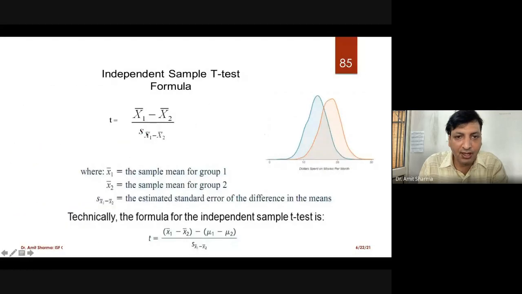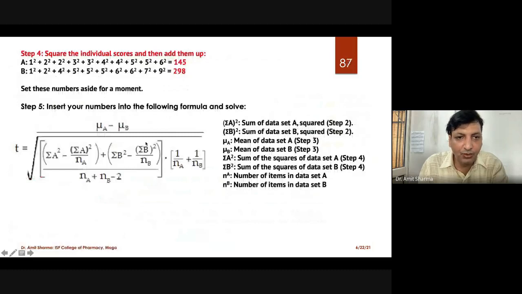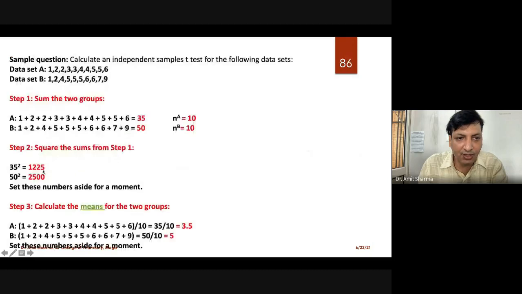After that, we have to insert the values in the previous formula. If we want to find the standard error of group A and group B, we have to expand the formula. All these things we have calculated in the previous steps. For example, the mean of A minus the mean of B, we calculated in step number 3, where we got 3.5 and 5.